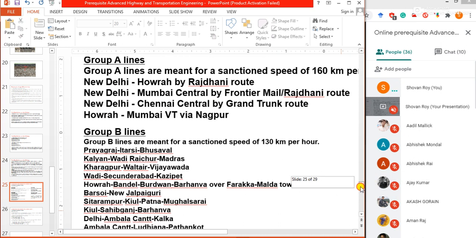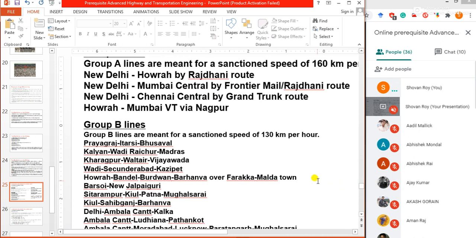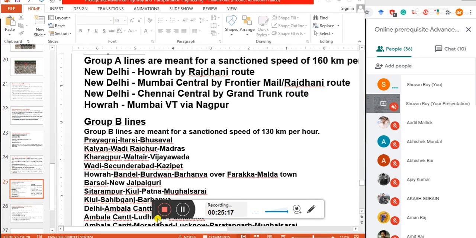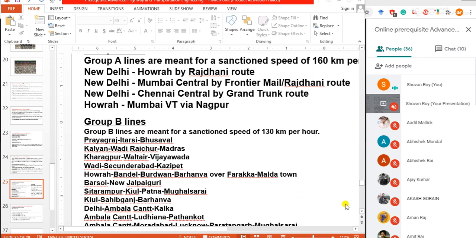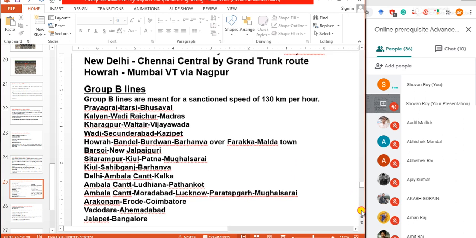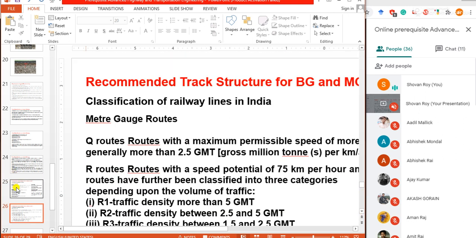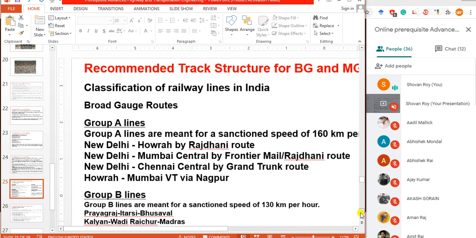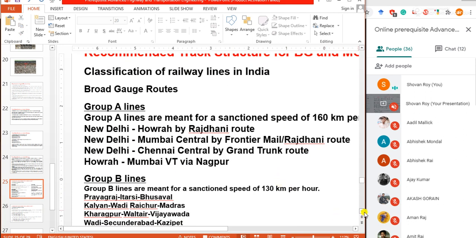Group B lines are not visible, I think. First, see what the Group A lines are, and then what the Group B lines are.